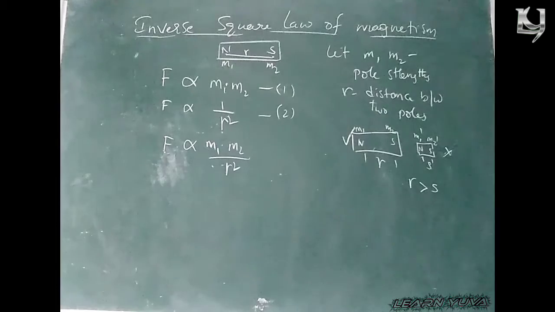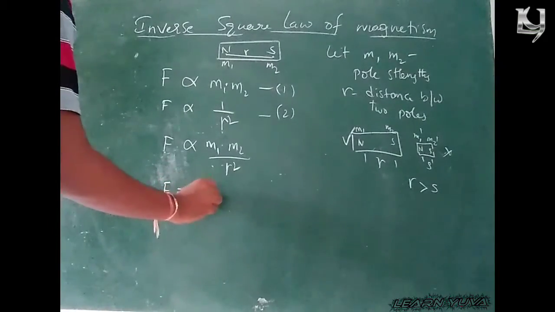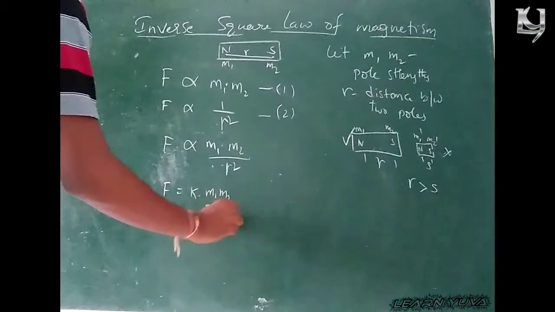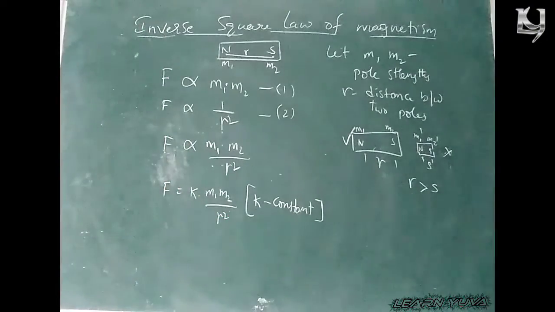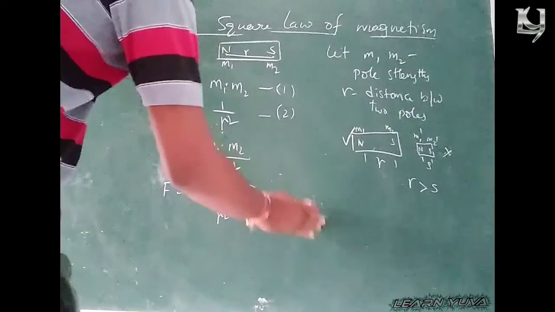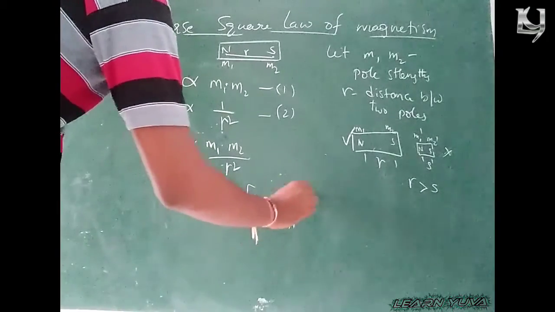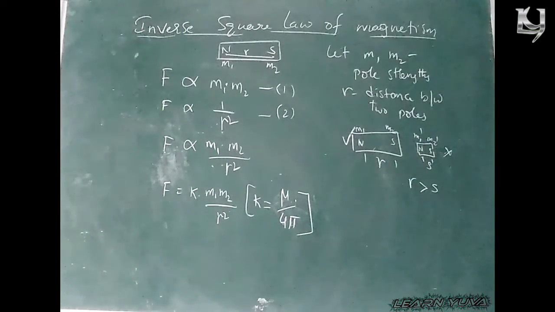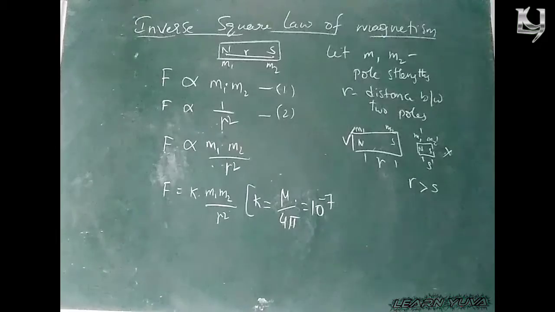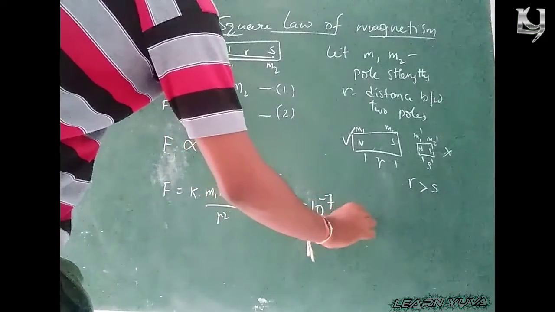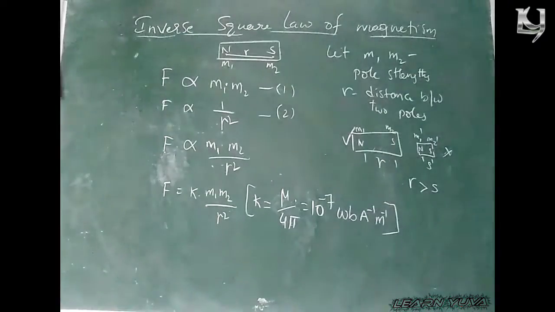Replacing the proportionality with a constant, F is equal to k into M1 M2 by R square, where k is the proportionality constant, and the k value is mu by 4 pi, which is equal to 10 power minus 7 Weber per ampere meter.